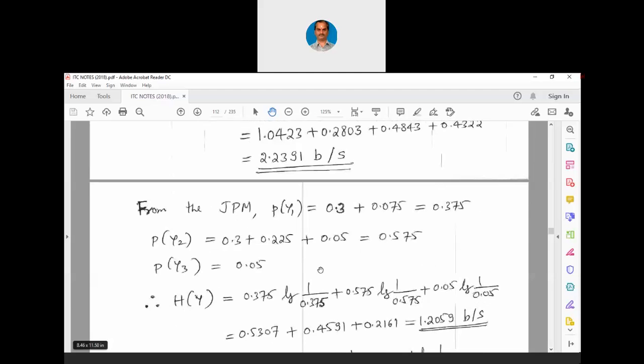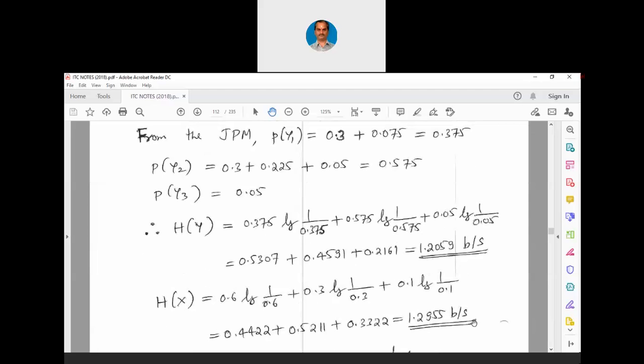H of y is using all these probabilities of received symbols. We can apply our classical expression to get H of y equals 1.2059 bits per symbol. Now we can find out H of x using the source symbol probabilities, that is 1.2955 bits per symbol.